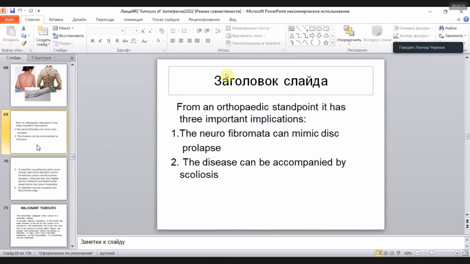The neurofibromatosis can mimic disc prolapse. The disease can be accompanied by scoliosis.